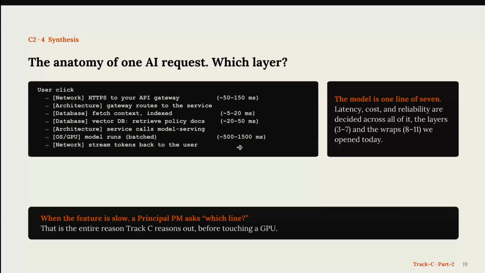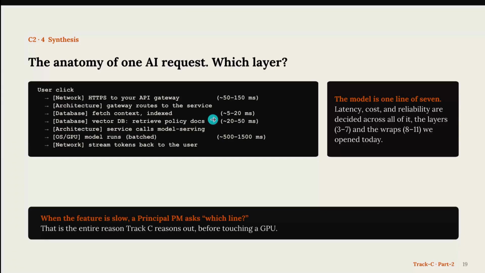What you need to understand from this whole session is that the model run, our model's performance, is one line item in this 7 layer request path. That's the most important part.